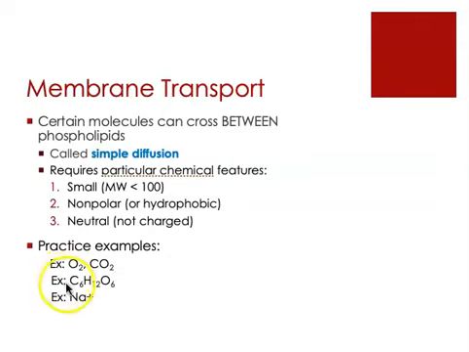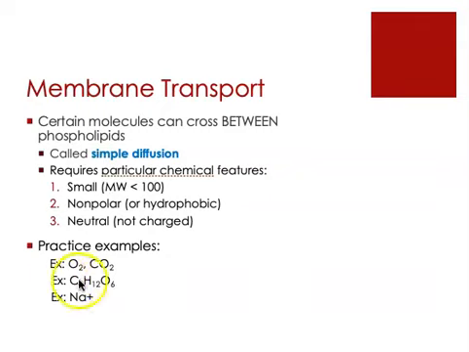Now this next example, C6H12O6, this is the chemical formula for glucose. This is a big molecule. If you add all these up, 6 carbons, 12 hydrogens, 6 oxygens, you get a molecular weight of 180.